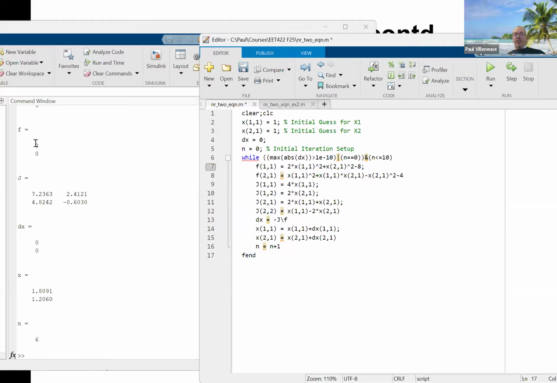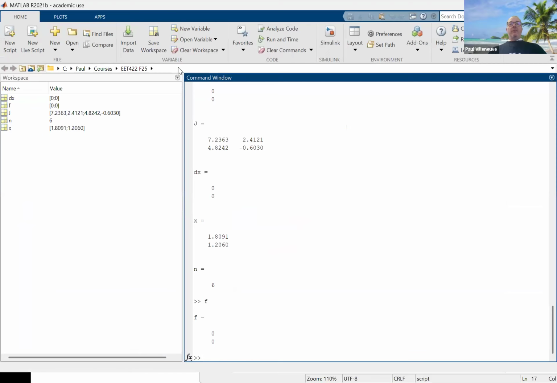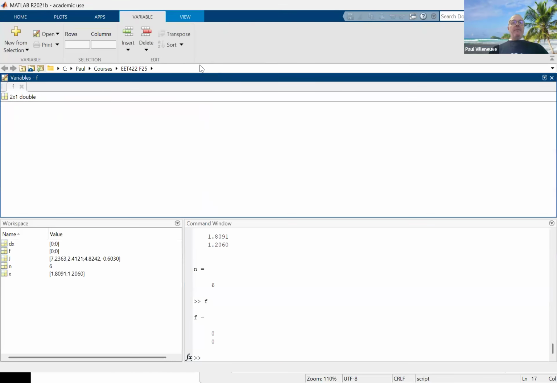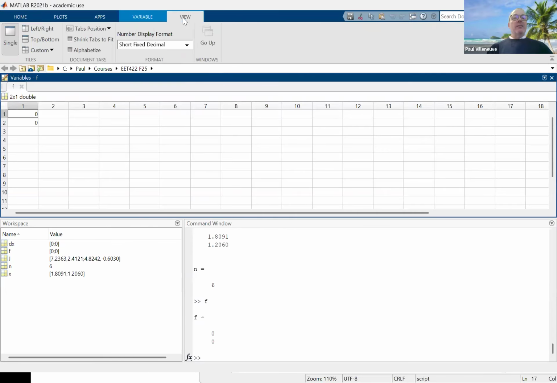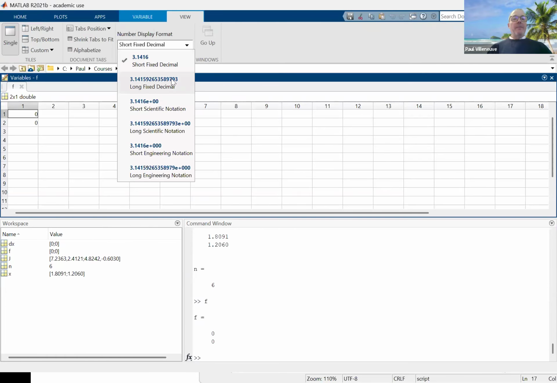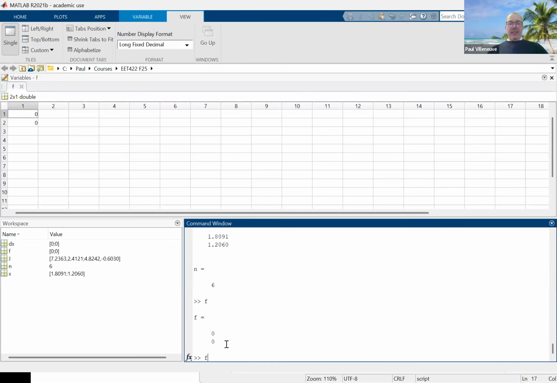values, and I can even type those here in MATLAB. My F values are 0. If you want to be more accurate in MATLAB, and you all probably have seen this, if you look at your variables, you can display them as long decimal. And let's see F again.